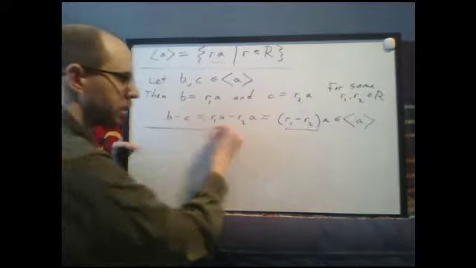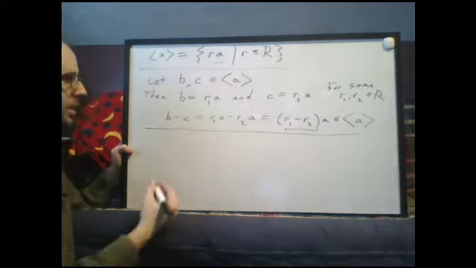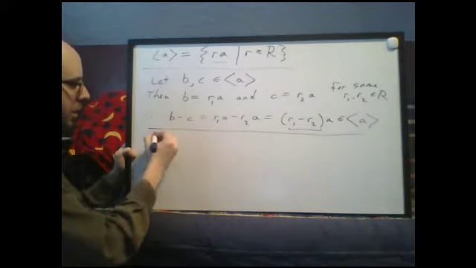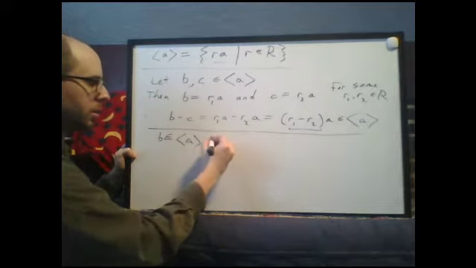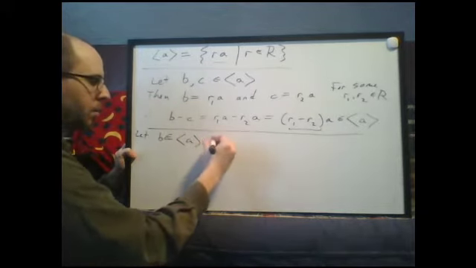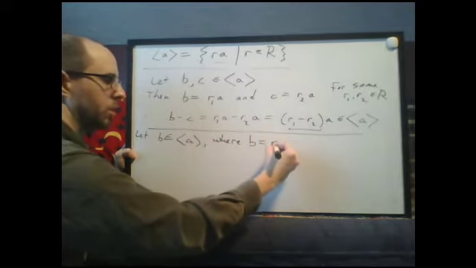Okay, so that's the first half of our ideal test. Now let's, again, we'll go with the same B here. So B is an element of this ideal. B is R1A.